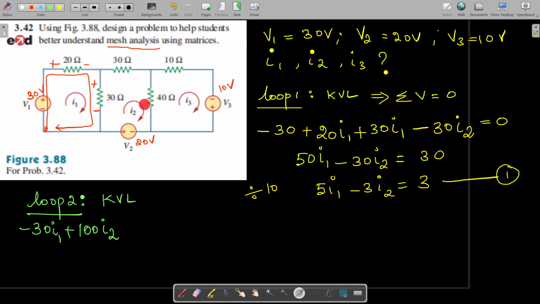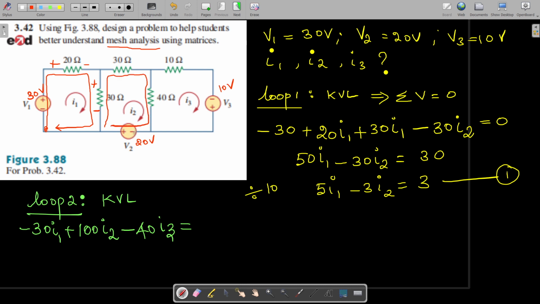Then through this 40 ohm resistor, the I3 current as well as the I2 current are flowing. So this I3 current is to be included here, so it is minus 40 I3, that is equal to, when you start coming from here, this I2 current is flowing in this direction, so it has the plus sign.